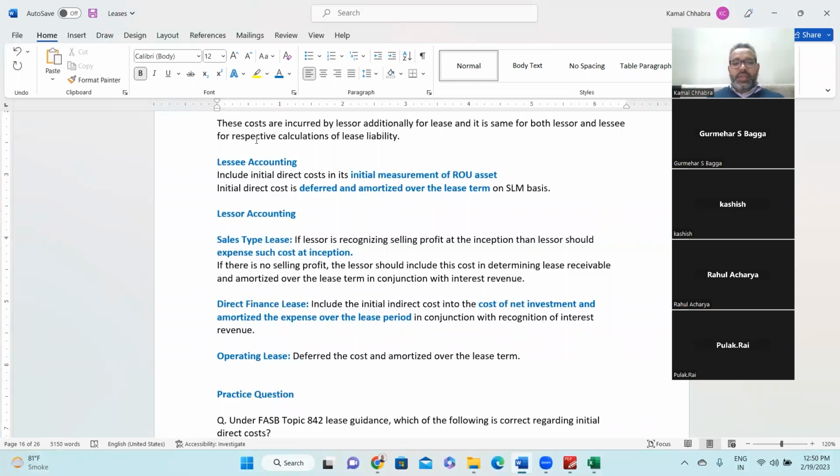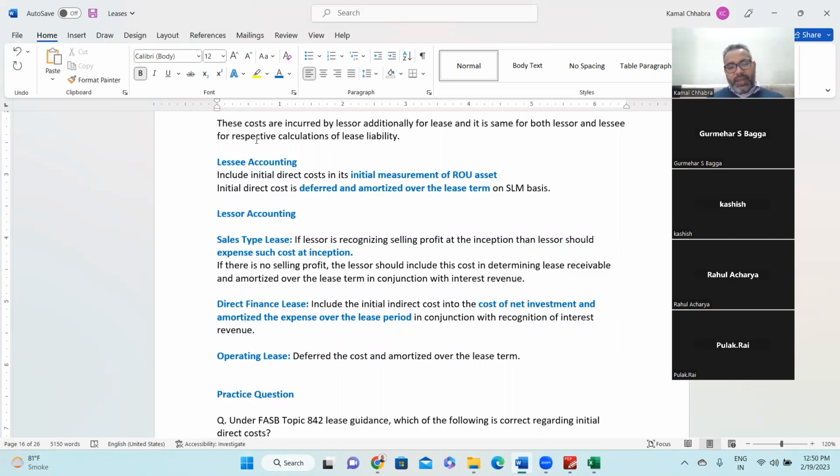If there is no selling profit, the lessor should include the cost in determining the lease receivable and amortize it over the lease term. If there is a profit, then you need to expense it. The second category from the lessor standpoint is direct finance lease.